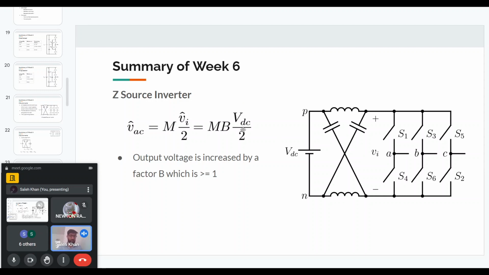So since B is equal to or greater than 1, and M can be 0 to 1, using these multiplying factors M and B, we can get both buck as well as boost operation. So this is one application of the Z-source inverter in this configuration. And the additional functionality that we get using this impedance network is buck boost functionality.